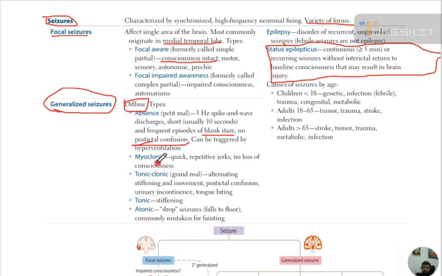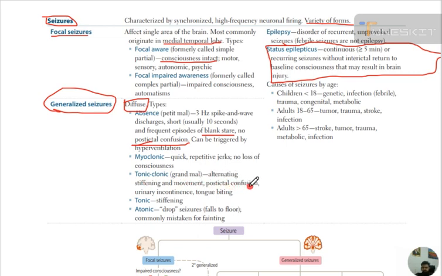The next one is myoclonic. It is quick, repetitive jerks, no loss of consciousness. Tonic-clonic. Tonic means the patient would have at one time increased tone of their muscles and at the other time relaxation. So grand mal, alternating stiffening and movement.